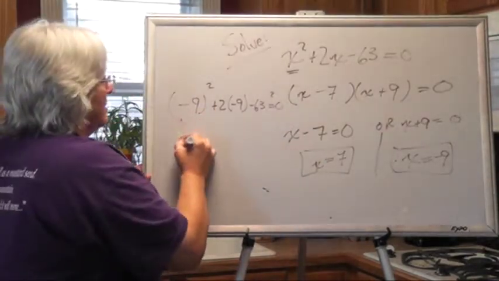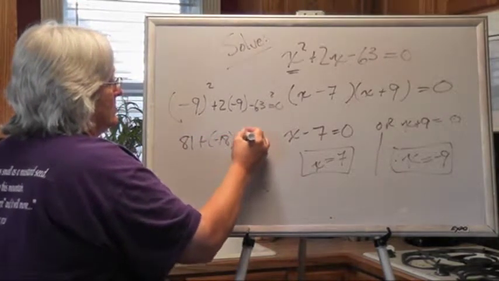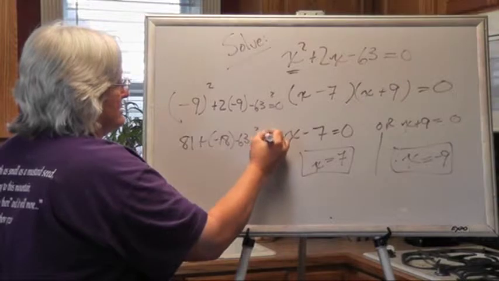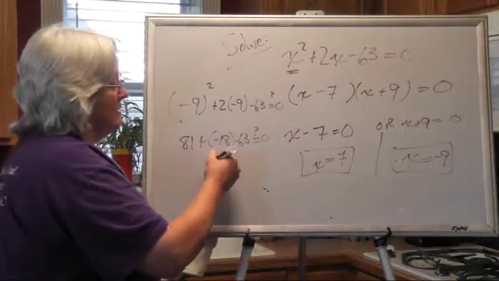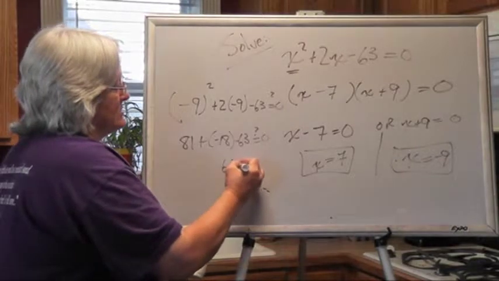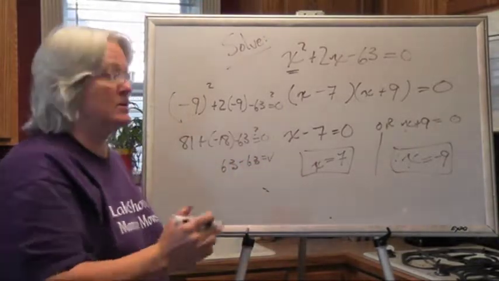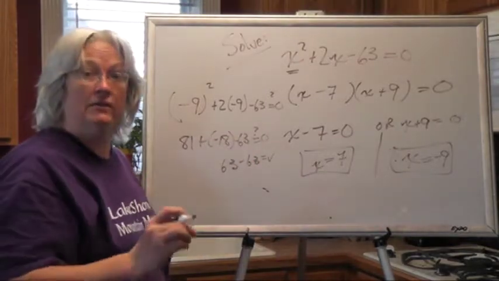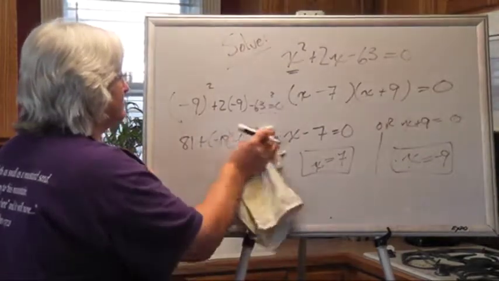Right. 81 plus a negative 18 minus 63. Is that equal to 0? 81 minus 18 is 63, minus 63 is equal to 0. So 7 and negative 9 both are solutions of this quadratic equation.